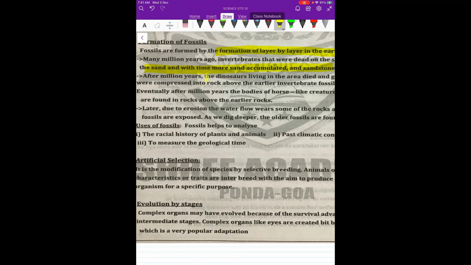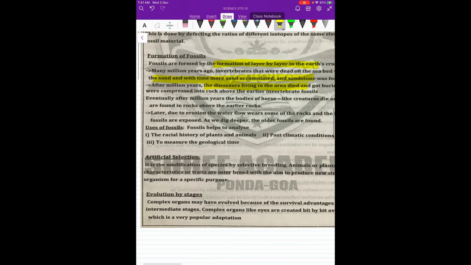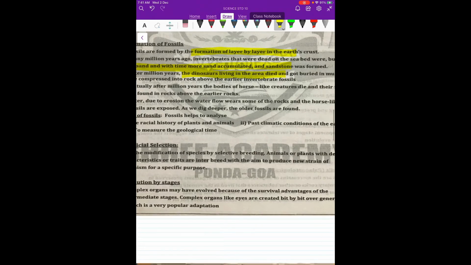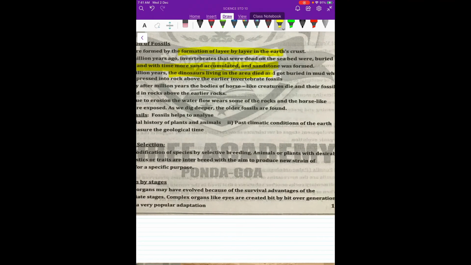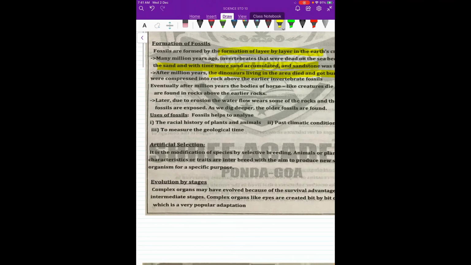Similarly, dinosaurs. Now we know dinosaurs are extinct, but millions of years ago they were very dominant creatures on the earth. Due to some ecological imbalances, starvation, and their adaptation decreased, almost all the dinosaurs died.